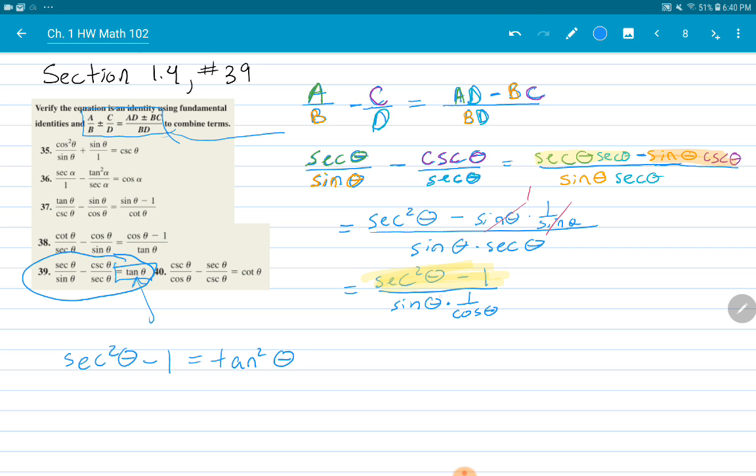So I can replace that piece with tan squared theta, and then the denominator doesn't change yet. Well, actually we can just multiply those denominators together, but I'll do that in a different step.